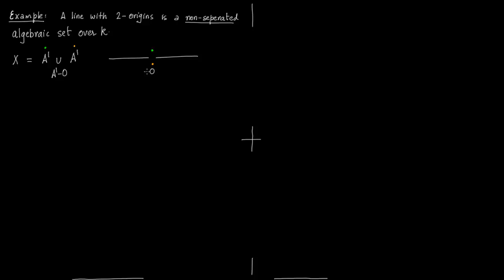So write 0 here to know that this is the origin. So we will show this is a non-separated algebraic set. So again we form X times X, a product.